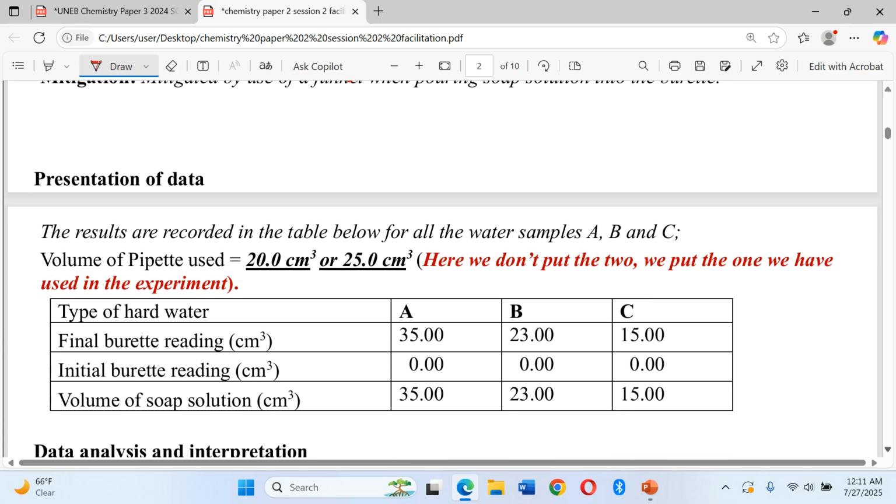Then we come to the table of results. On the table of results, we have the type of water, A, B, C. Then we have the final burette reading in cubic centimeters, initial burette reading in cubic centimeters, and volume of soap solution used in cubic centimeters. So that is the volume of A used, volume of B used, and volume of C used.